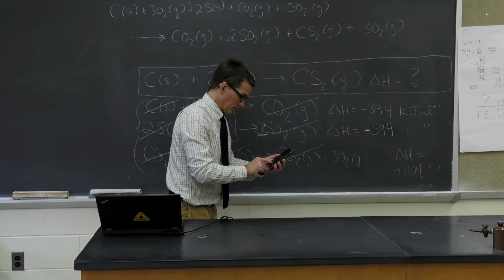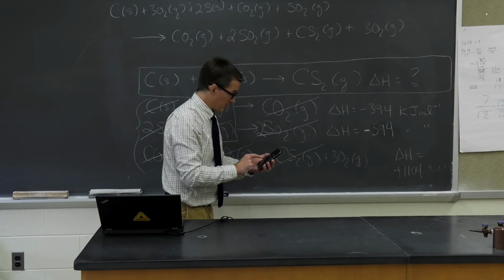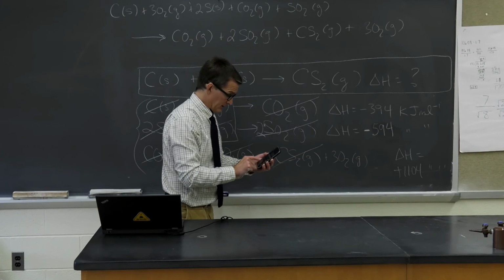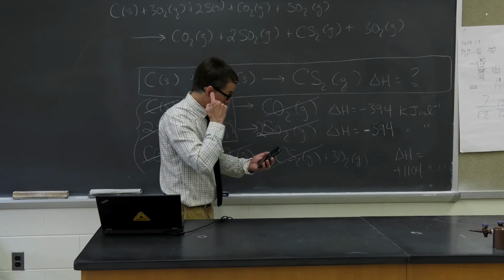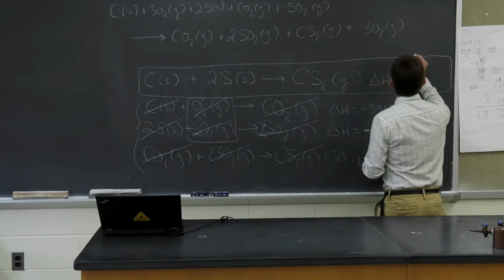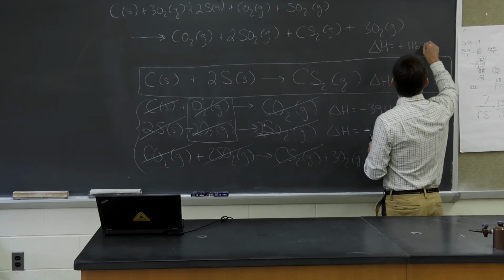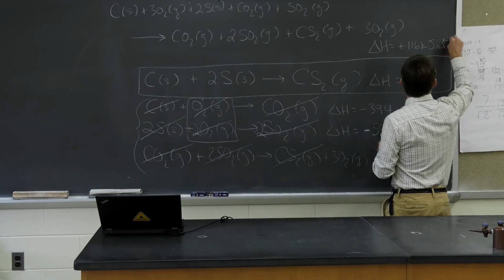So I'm going to take 1104 kilojoules per mole. I'm going to subtract 594, and I'm going to subtract 394. And that's a positive 116 kilojoules per mole.